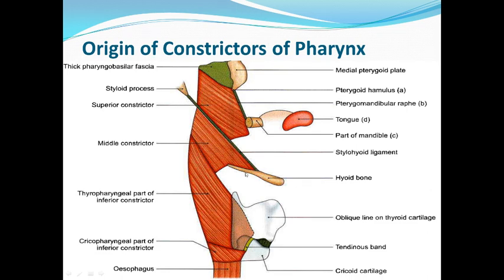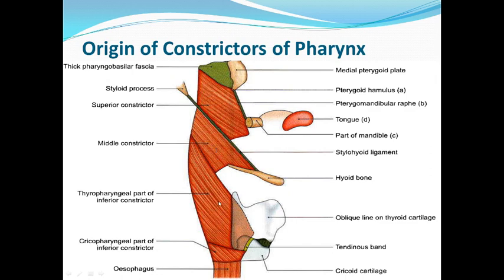From the lower part of this stylohyoid ligament, the middle constrictor originates, and from the hyoid bone also. Within the hyoid bone it originates from the lesser cornua, as well as the upper border of the greater cornua.